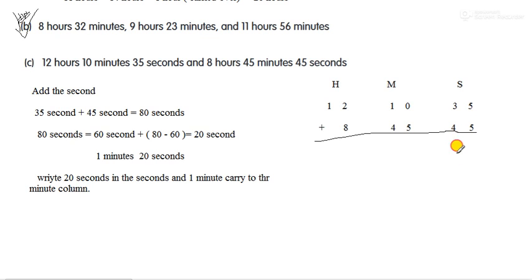Here write 20 in the seconds column and 1 carry over to the minutes column.